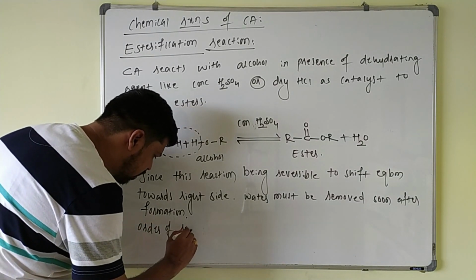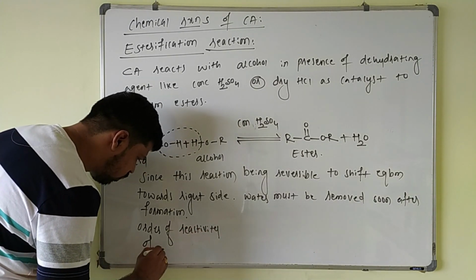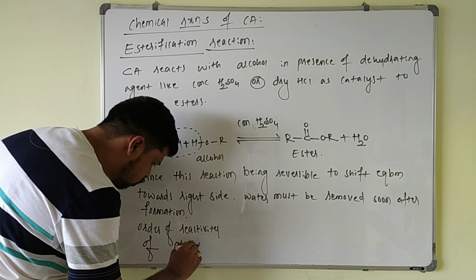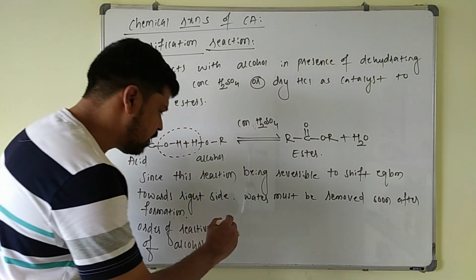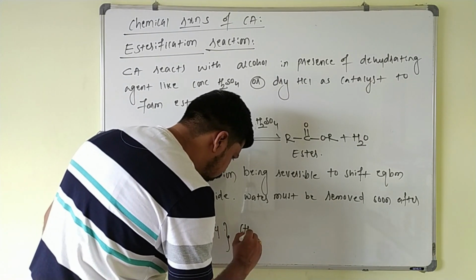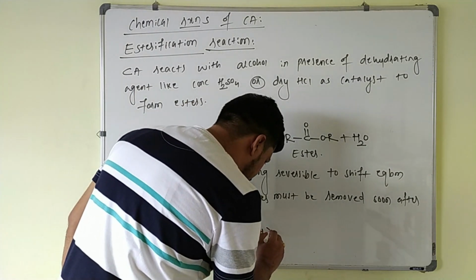Order of reactivity of alcohols towards this esterification reaction is: methyl alcohol is more reactive because here hydrogen can be easily removed as compared to primary alcohol.